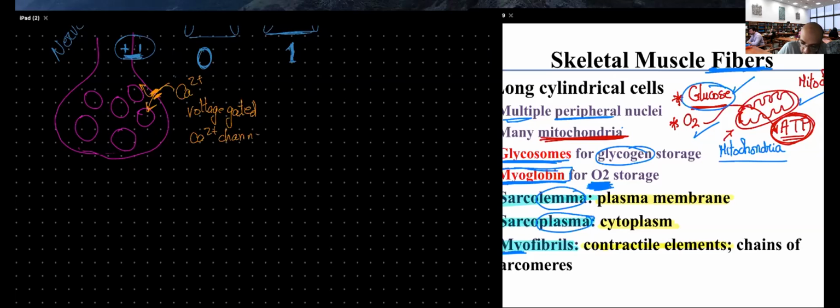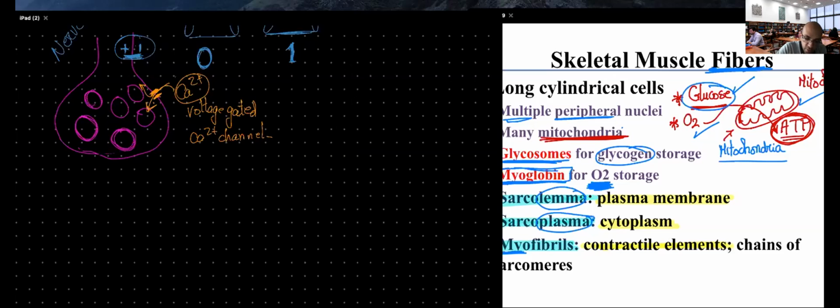What this simply means is that when you get an electrical impulse down to the terminal end of the nerve cell, this channel will open, allowing calcium to travel from outside of the cell to the inside of the cell. When you get the calcium in, this enhances vesicles that are storing special chemicals.